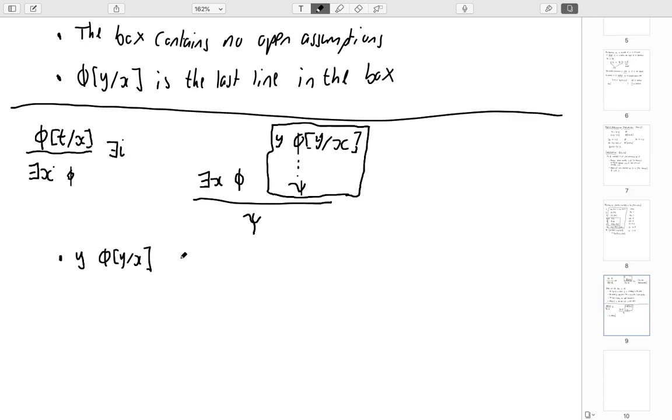This is the top line of the box, and it's an assumption, because we're assuming that.